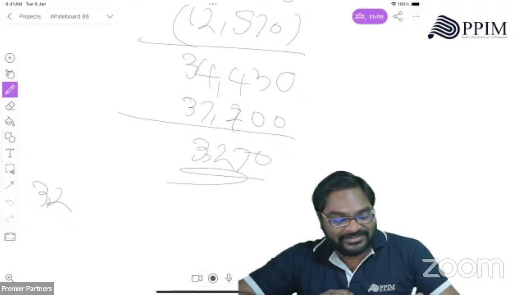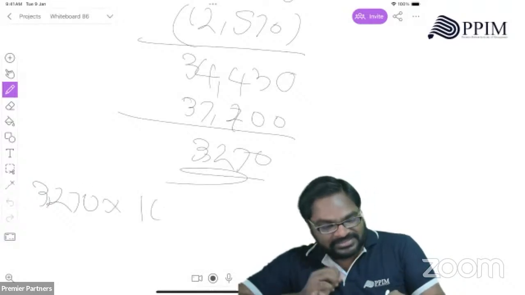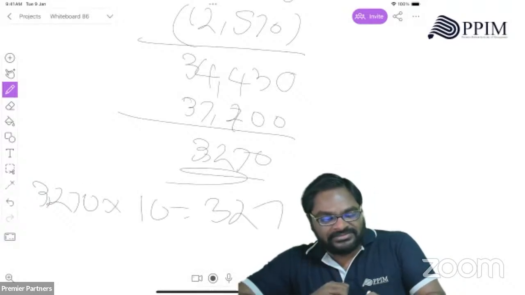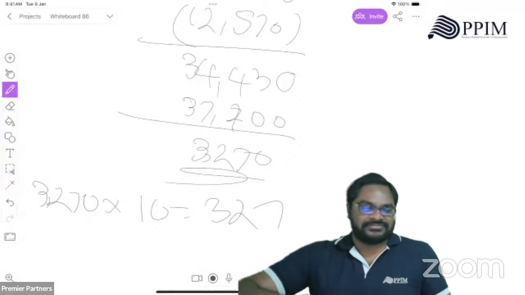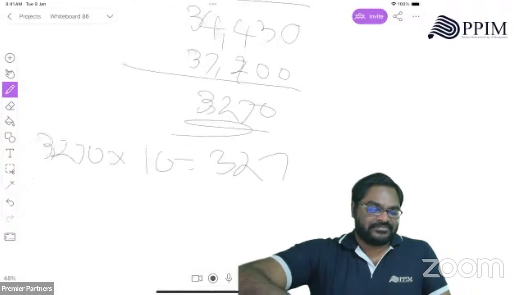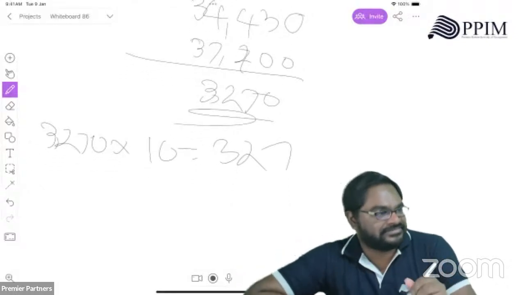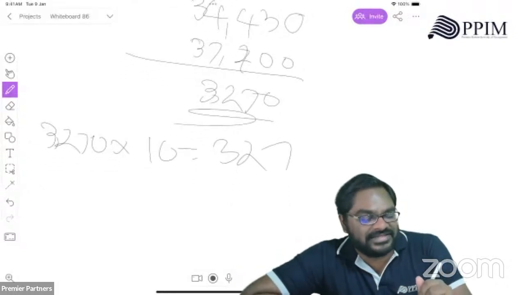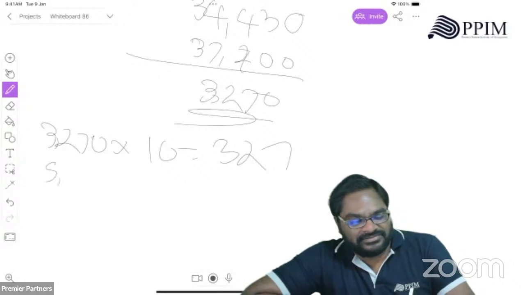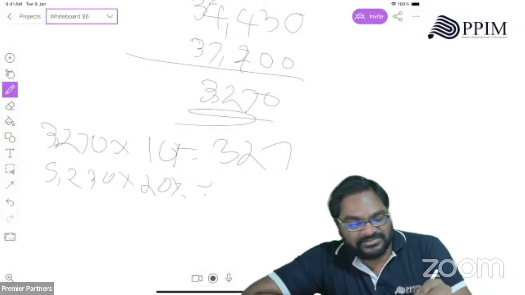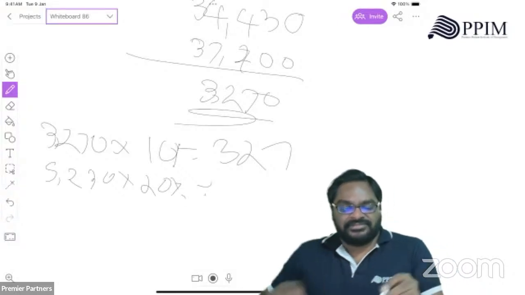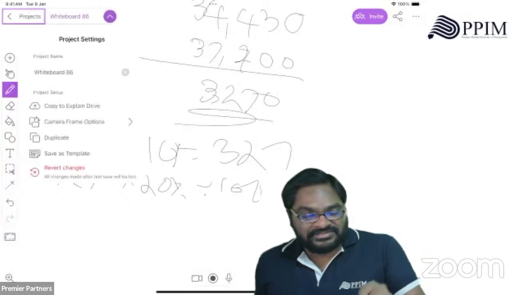So this one at 10% is 327. What's the gap? The remainder. How much is that? If I multiply this by 20%, it is 1,046.